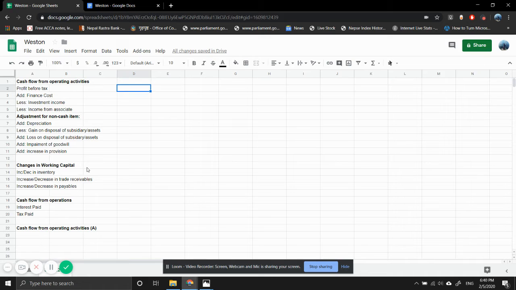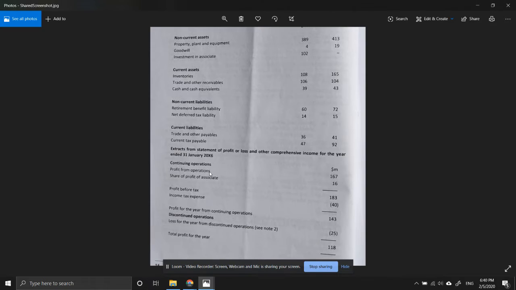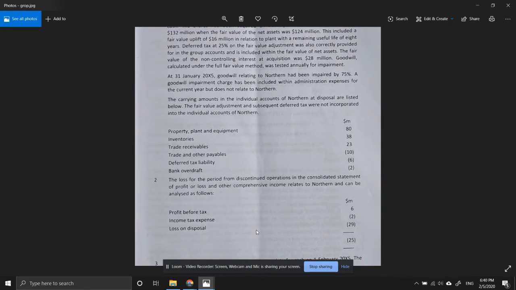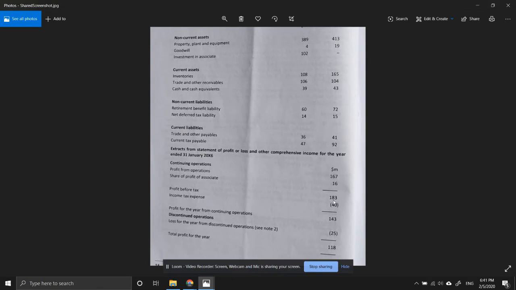So let's put in the figures, okay? In this case, profit before tax is 183, and something we should not miss is this figure. Since it is a discontinued operation, it is shown separately, right? Otherwise this figure would have been added within this, so it would have been 183 plus 6, 189. But since it is a discontinued operation, it is not added.